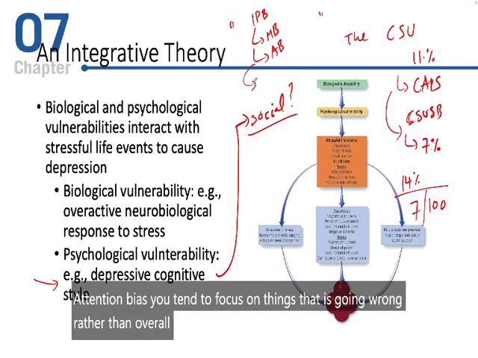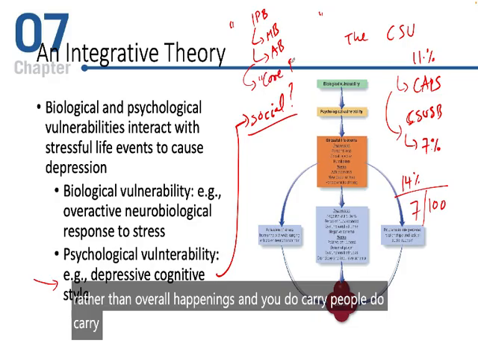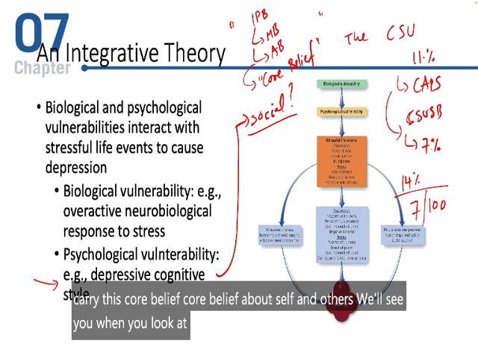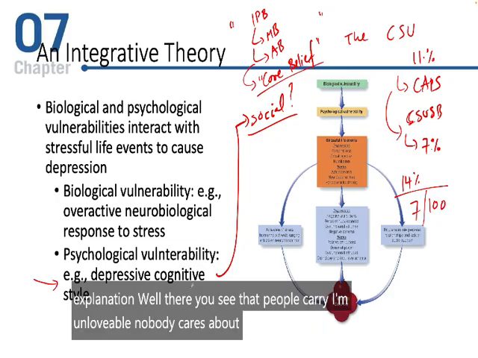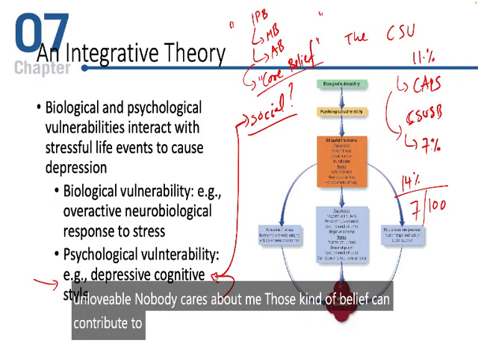And people do carry core beliefs about self and others. We'll see when you look at different theoretical explanations that people carry beliefs like, I am unlovable, nobody cares about me. Those kinds of beliefs can contribute to exacerbating your symptoms of depression.